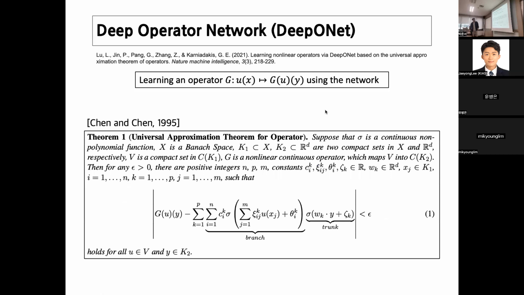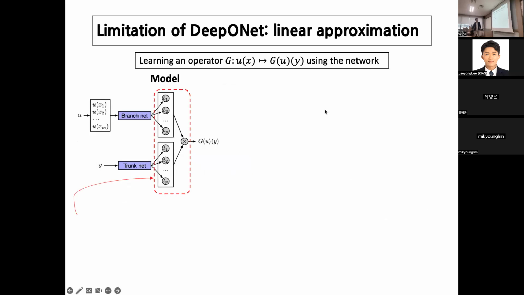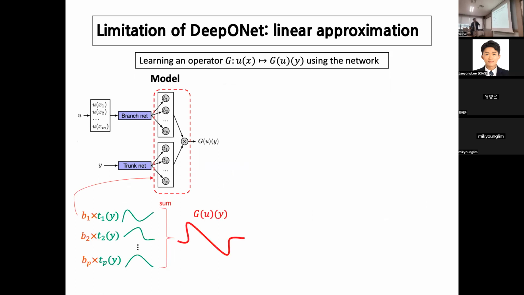So for my interest, I want to analyze this model more explicitly. As you can see, this model is just the inner product of these two P values, the outputs of each neural network.